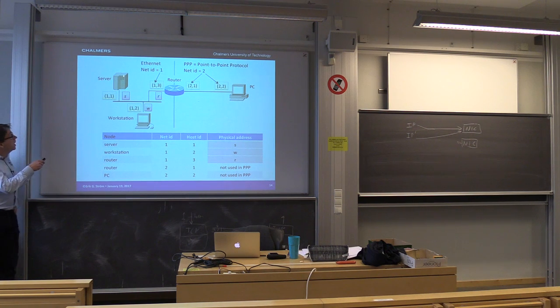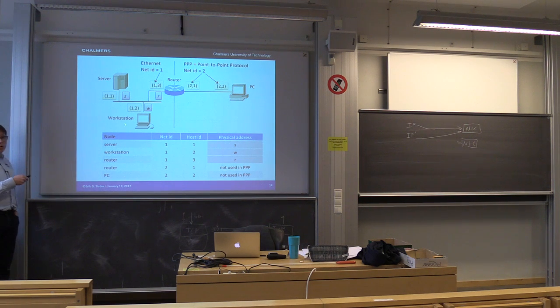So the server here has an IP address which is 1.1, because it's on network 1, and the second 1 because it's the first host on that network. The workstation has 1.2, and the router has a network interface card which is pointing into this network, and it has an IP address 1.3. So we have 3 nodes attached to network number 1.